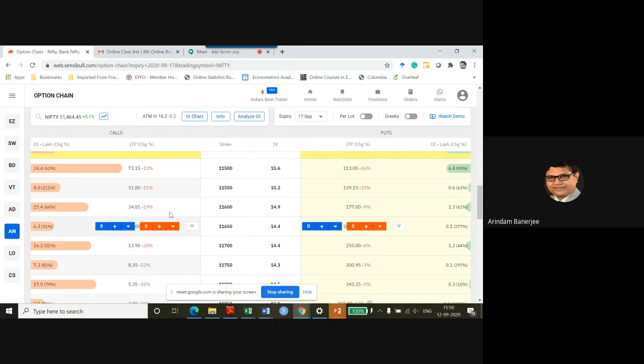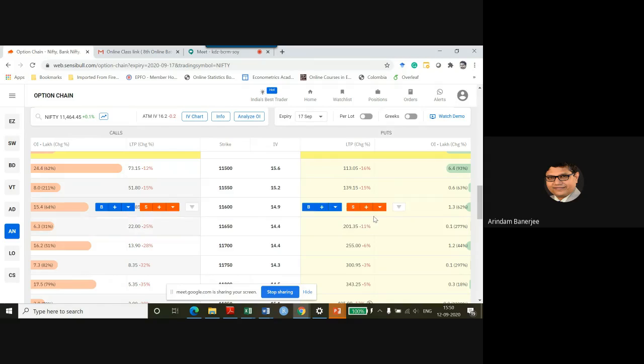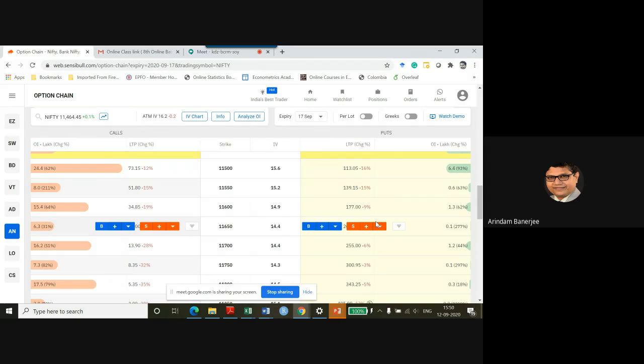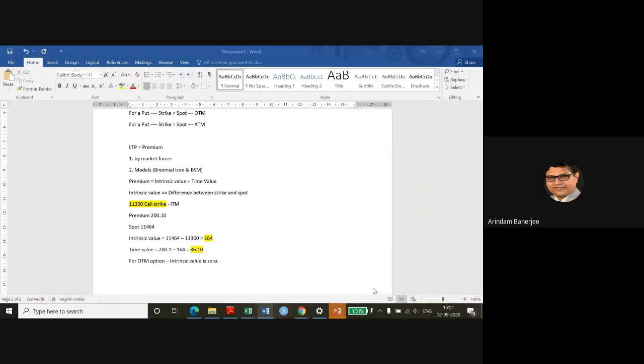For the same strike, we can see for a put, the premium is quite high. It is 177. But for call, because this put is an in the money put, right? But the call is out of the money. So for OTM options, the intrinsic value is 0. Only time value is there.